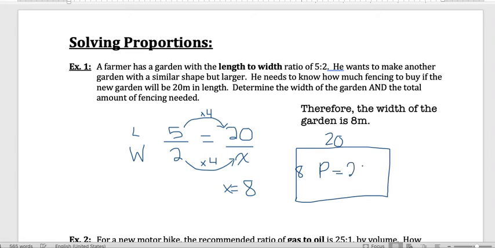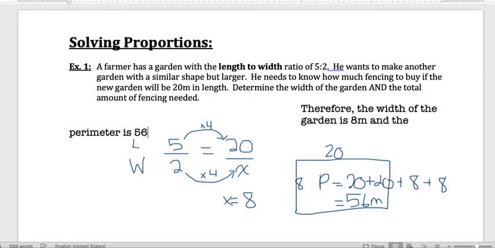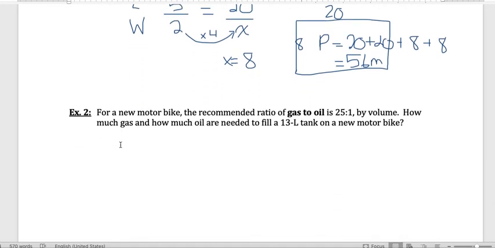So 20 plus 20 plus 8 plus 8, and that equals 20 and 20 is 40, plus 8 is 48, plus 8 is 56 meters. So therefore the width of the garden is 8 meters and the perimeter is 56 meters. So just these word problems are basically setting up the proportion.